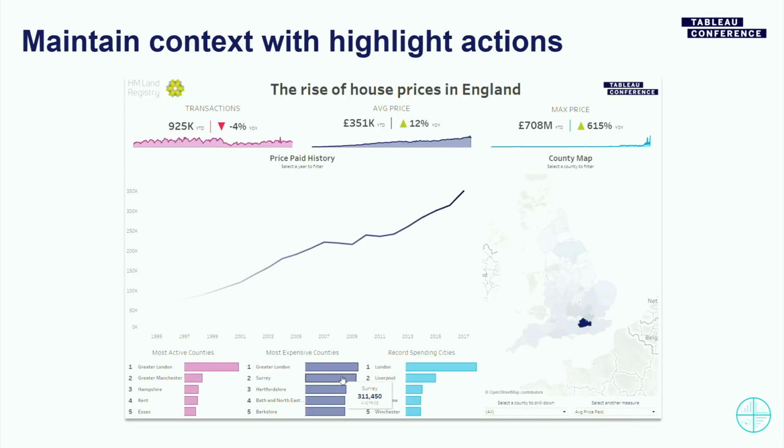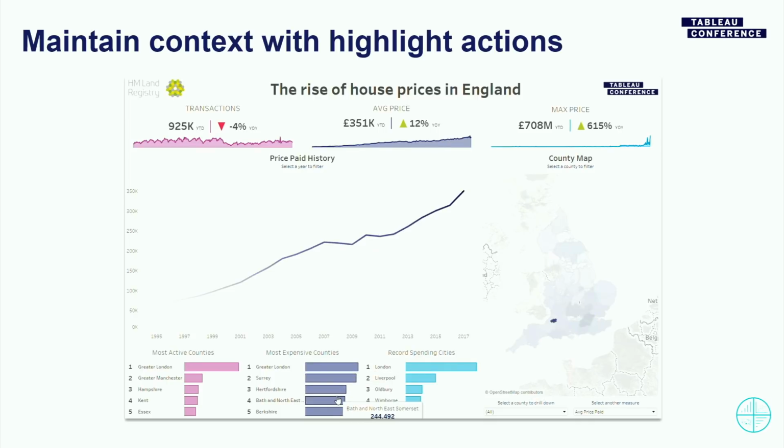Now, something that comes with a little less fanfare than Viz in Tooltips is highlight actions. This is something that I hadn't used a lot in the past, but something that's really grown on me. What's great about highlight actions is you can call out where a data point fits across a dashboard. So if you look at this, for example, I'm hovering over some of the bars on the dashboard.